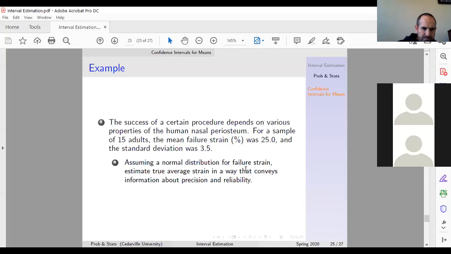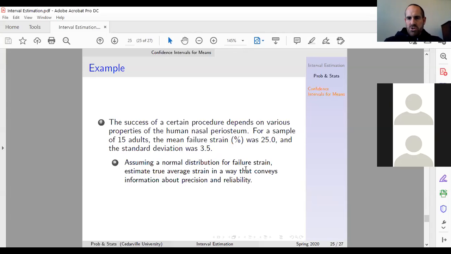Yeah, there just wasn't... The problem was to estimate a true average strain in a way that conveys information about precision and reliability. And what I did is I just said, well, look, I have the mean, namely 25. I have the standard deviation for the sample, which is 3.5. The sample size is only 15.